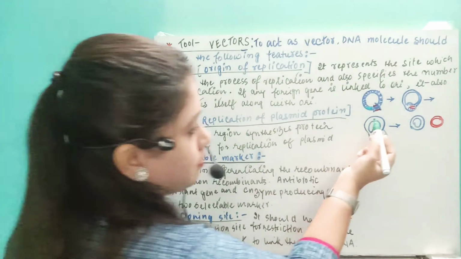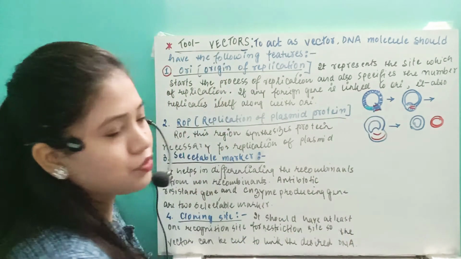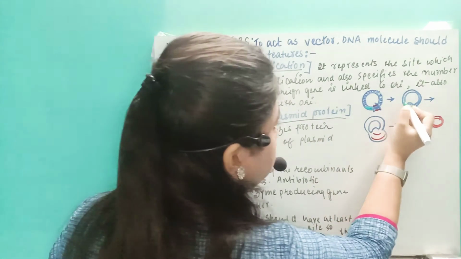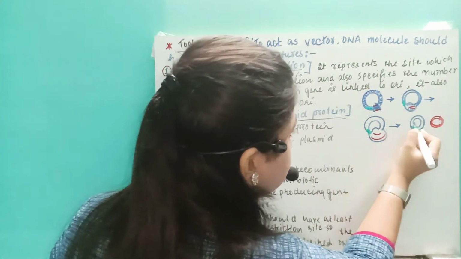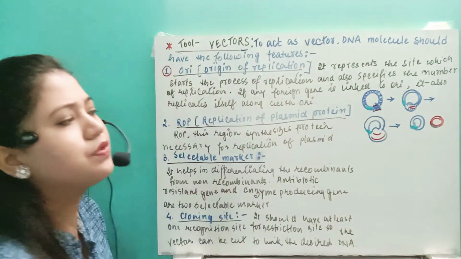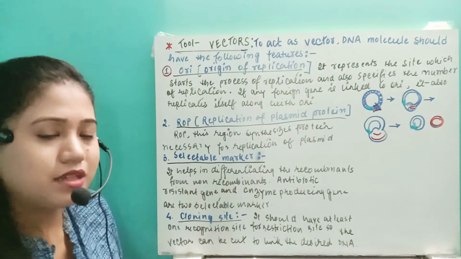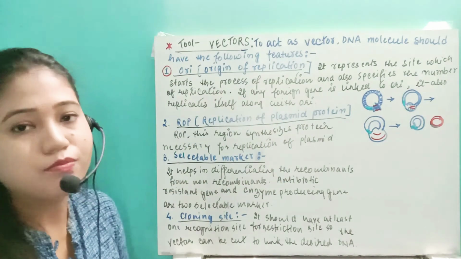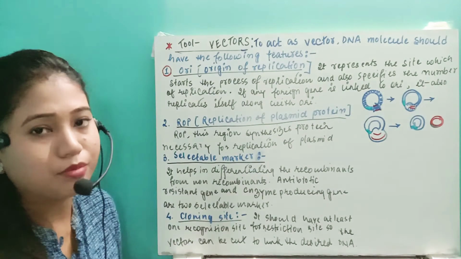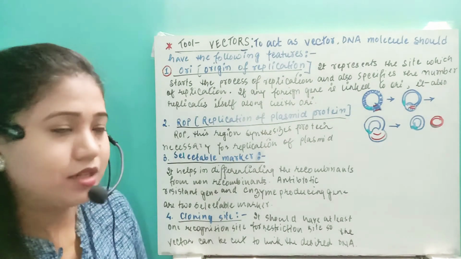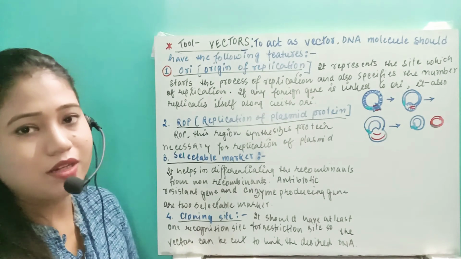That means, suppose along with the ORI we have introduced our gene fragment, then this gene fragment will also replicate. So this is a very easy way to increase the number of the gene fragment. This is the first one, that is ORI.